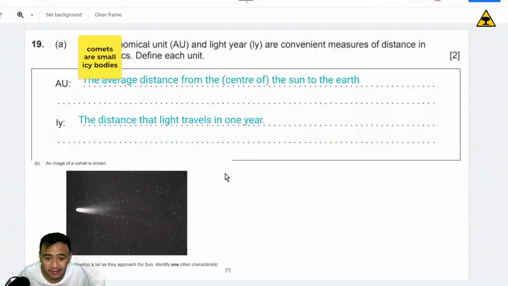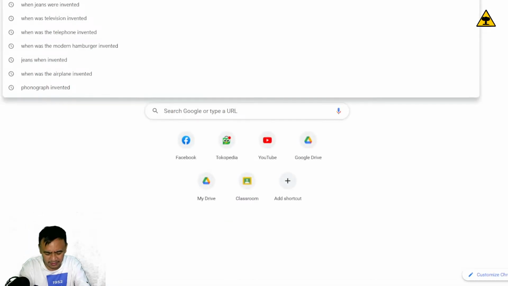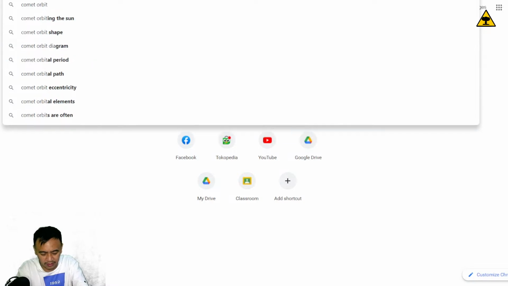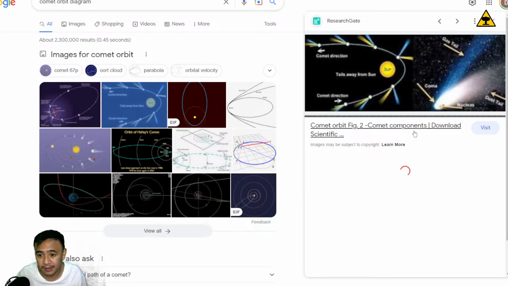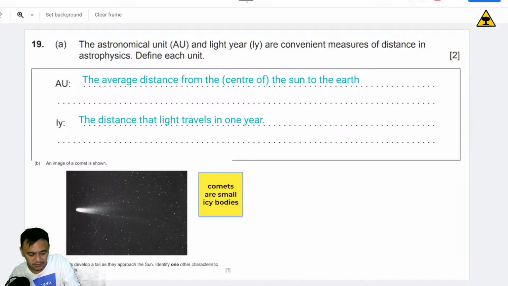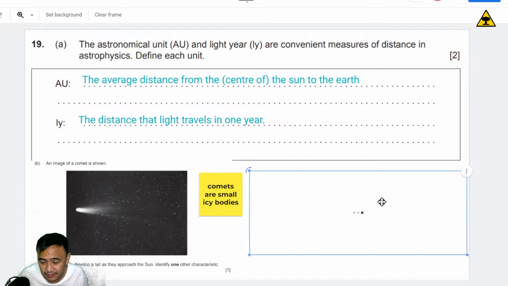So that's one. Another characteristic of comets is, I think I'll put an image here. Comet orbit diagram. I'll just show you this in Google. This is a good one. The idea here for comets is that when it goes around the sun, they orbit the sun in an elliptical manner.